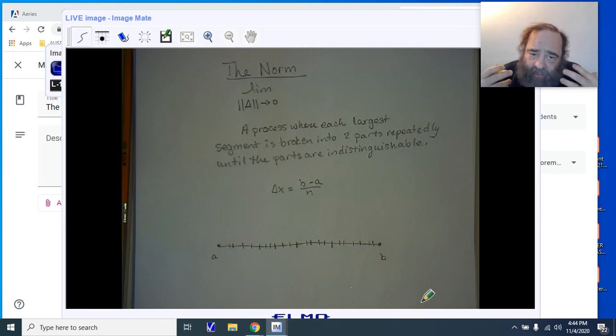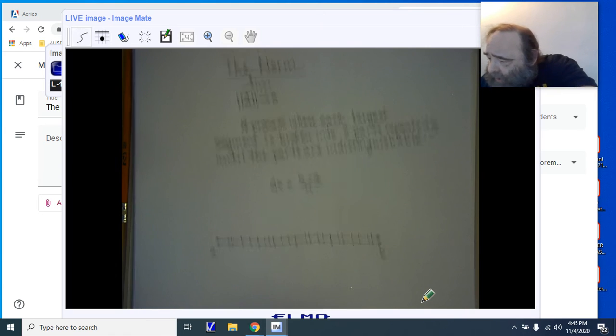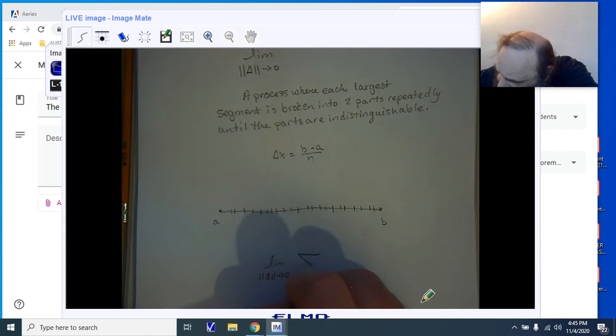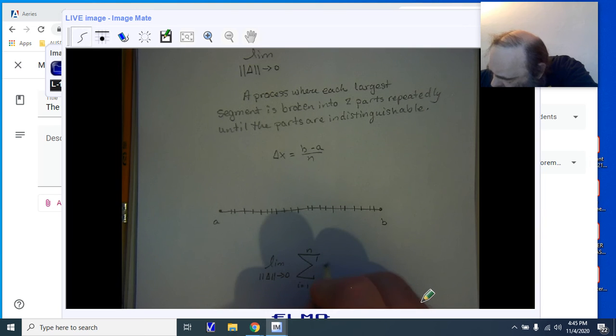And we can now look at the integration as a function of the norm. The limit as the norm approaches zero, and we have a summation of i going from 1 to n of our f of c sub i, and I'm going to multiply by my delta x.